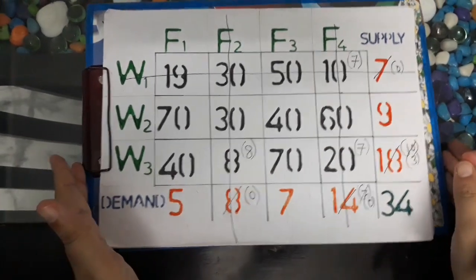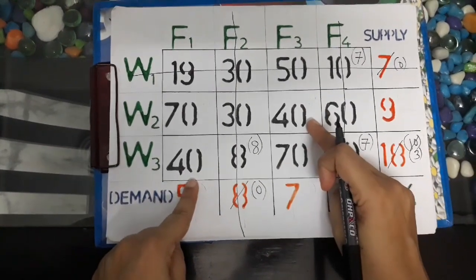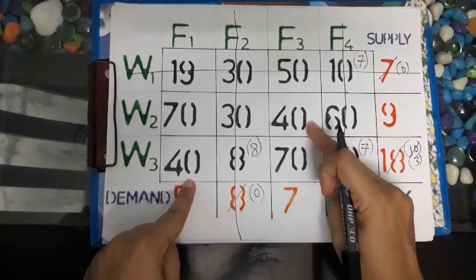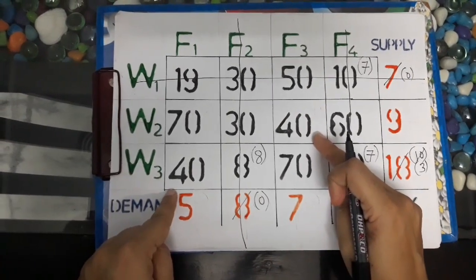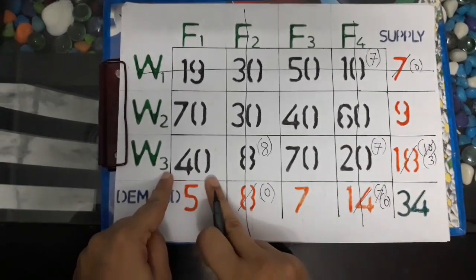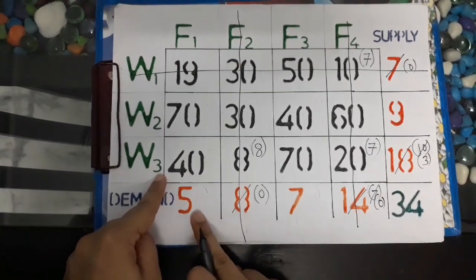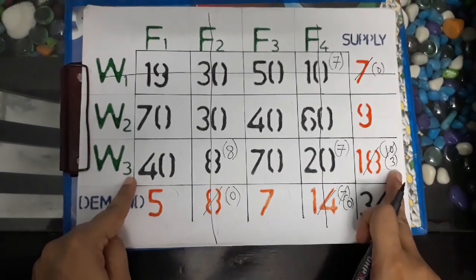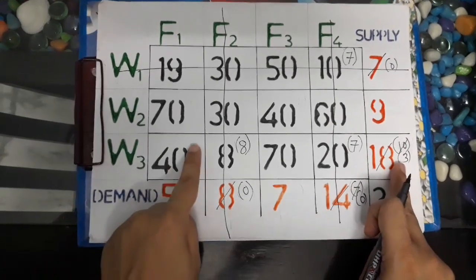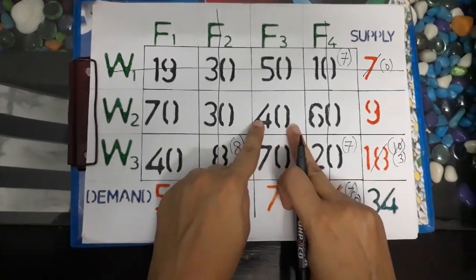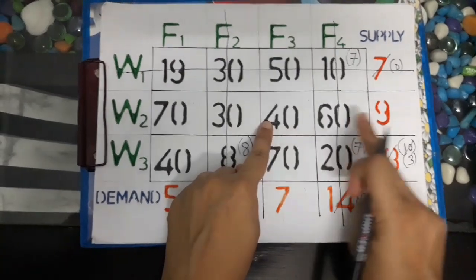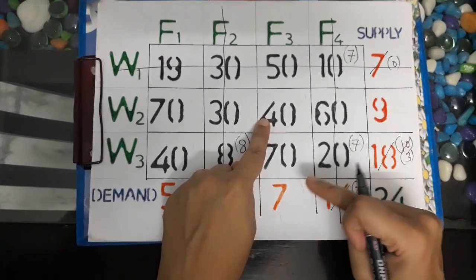Now the next minimum cost is 40 and 40. Both of them are equal. So let us decide which one to choose. In this 40, the demand is 5 whereas the supply is 3. So minimum of 5 and 3 is 3. Whereas for this 40, the demand is 7 and supply is 9. So minimum is 7.